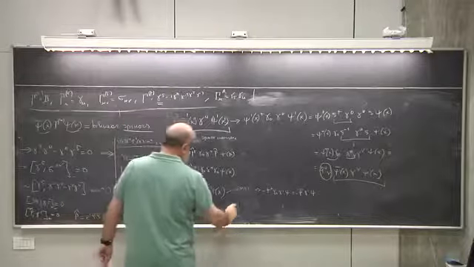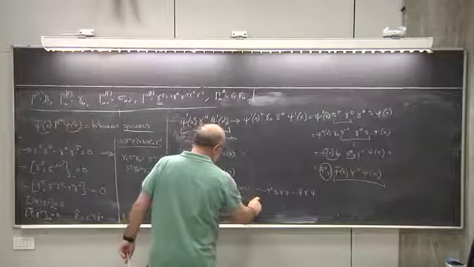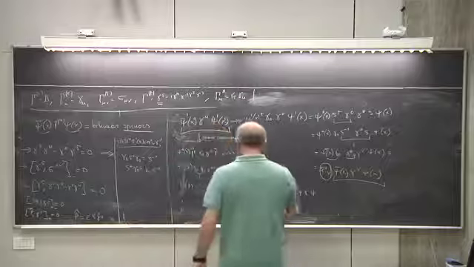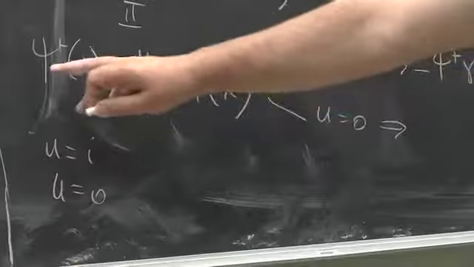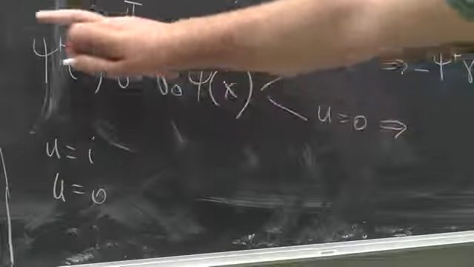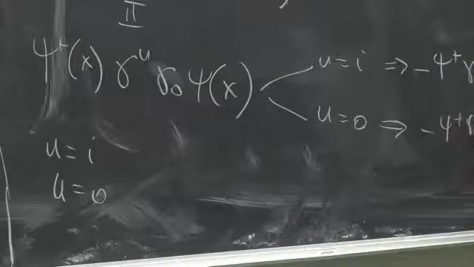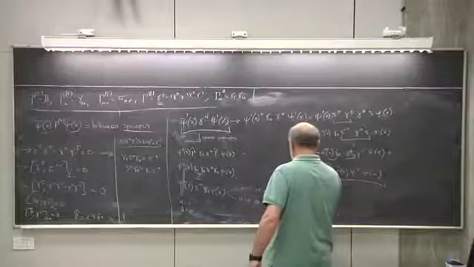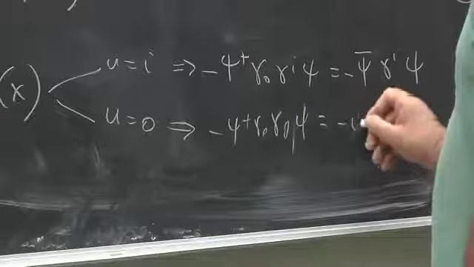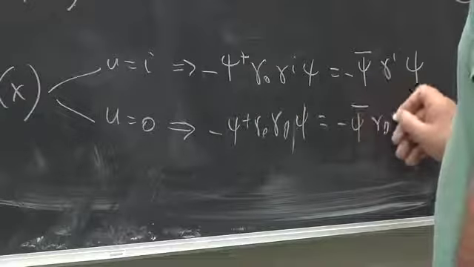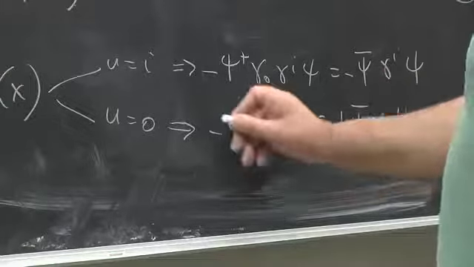Let's see the case instead mu equals 0. With mu equals 0, we would get gamma 0, but I can immediately take this gamma 0 and get the psi bar. So I would get psi dagger gamma 0 psi, which is plus psi bar gamma 0 psi.